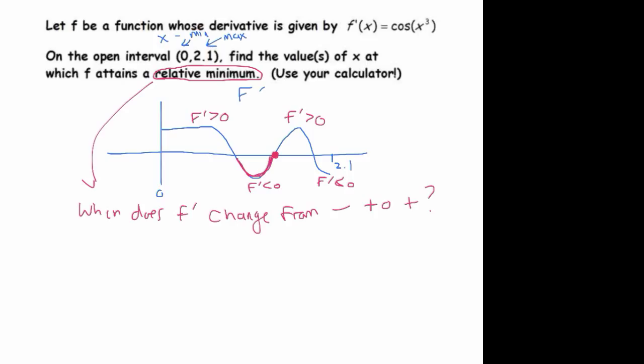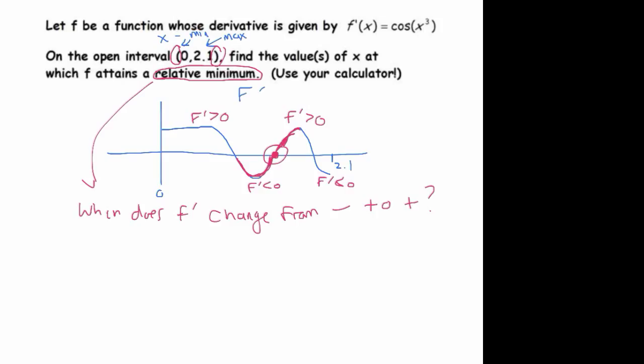That defines a relative min. Notice we don't have to check the endpoint 2.1, because even though the derivative is negative there, it's given us an open interval, so we don't have to check the endpoint. So the only instance on this interval where the derivative changes from negative to positive is right there.